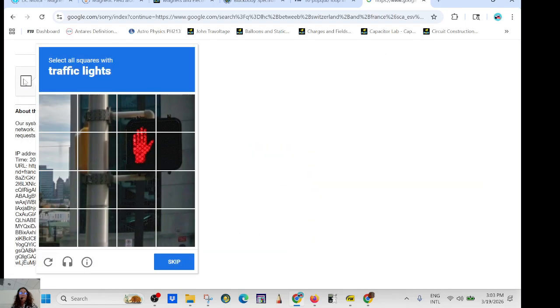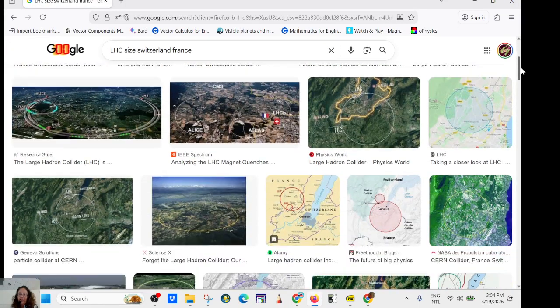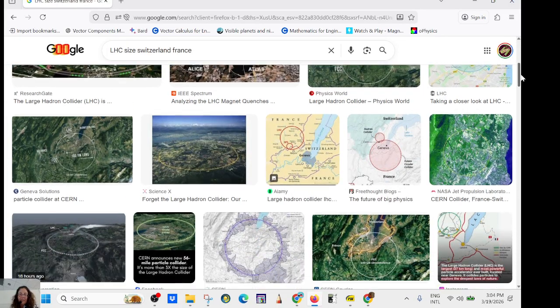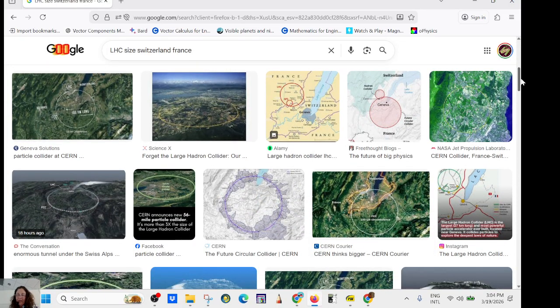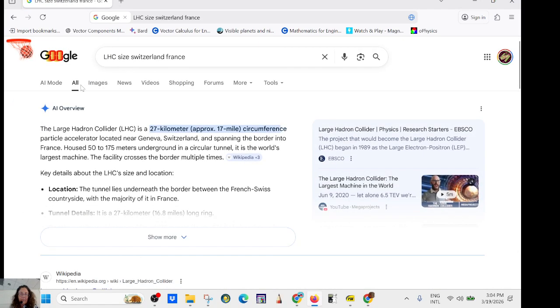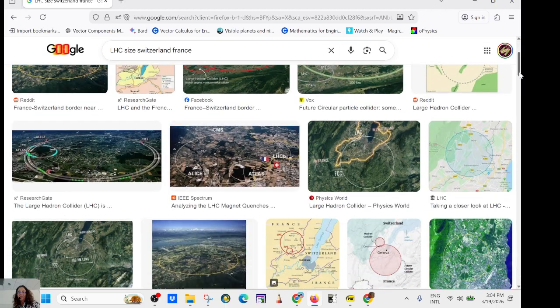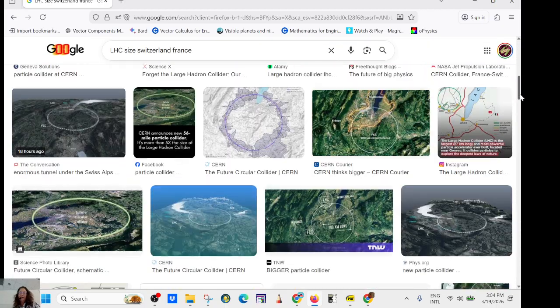See, it's huge. I don't know if you can see. It's 17 miles around. So it's huge. It's a tunnel. It's underground.